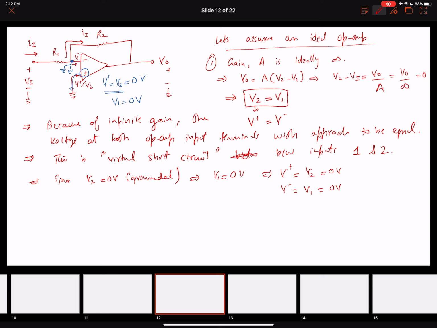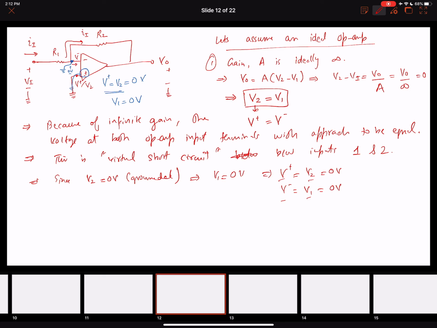You can express the terminals 1 and 2 either as V1 and V2 or V positive and V negative. Pick one notation. I'm writing both because sometimes the book alternatively uses these two notations. But in later parts of this chapter, I am only going to use one of these notations.